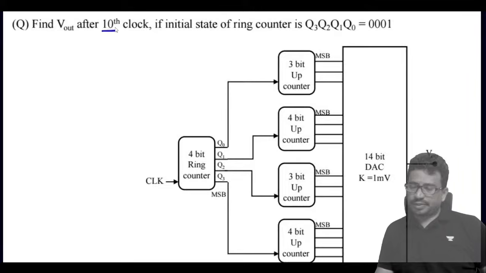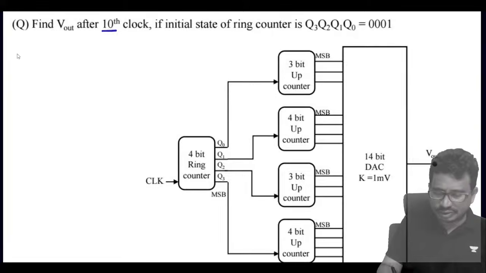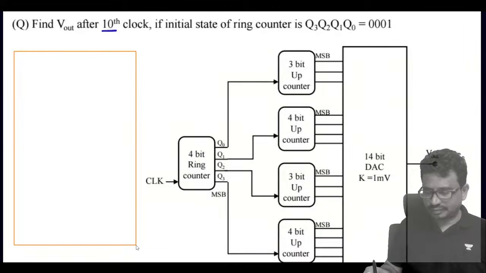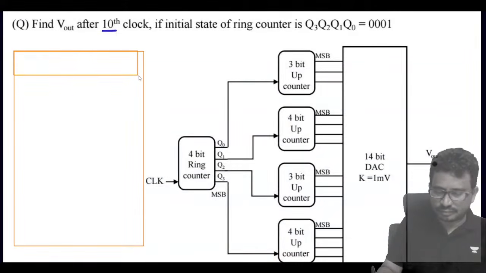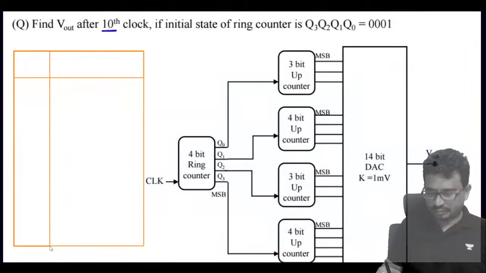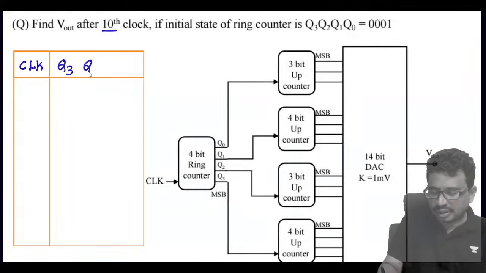So you tell me now. This is a ring counter, and we know how it works. If I say clock initially, this is Q3, this is Q2, Q1 and this is Q0.